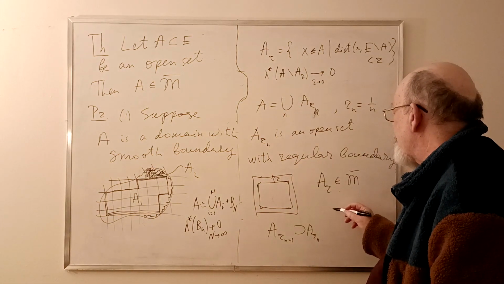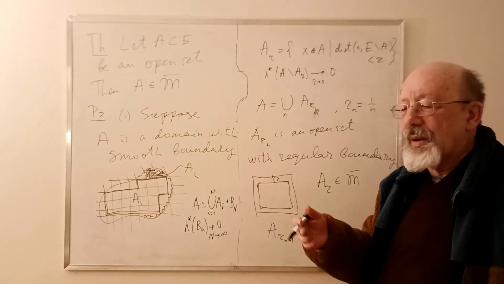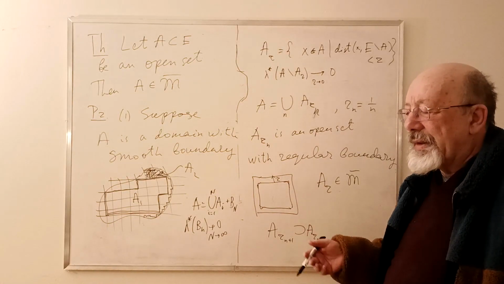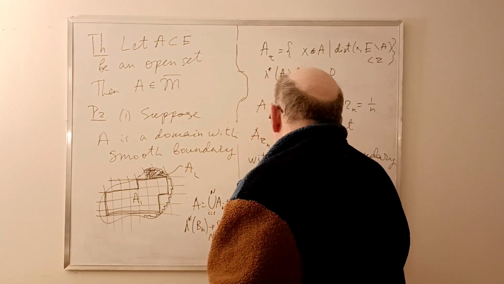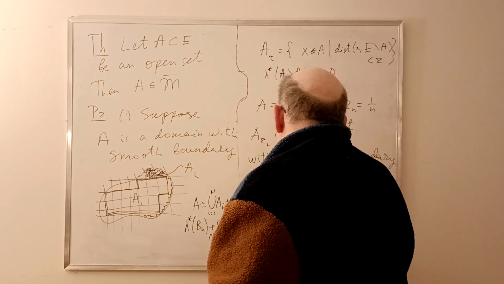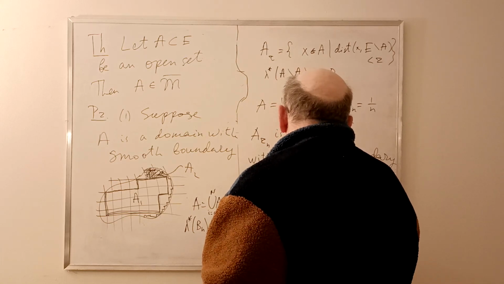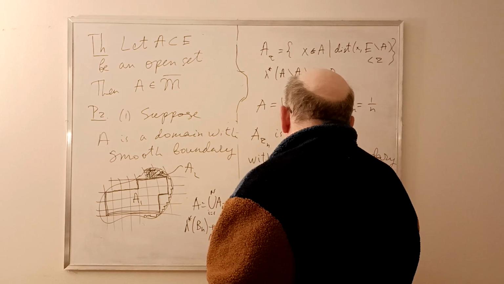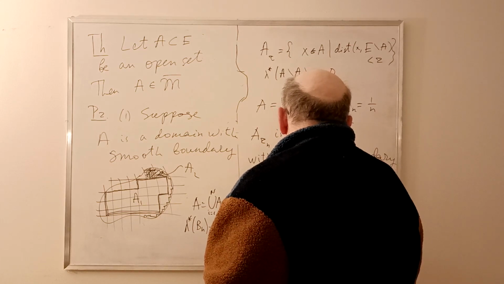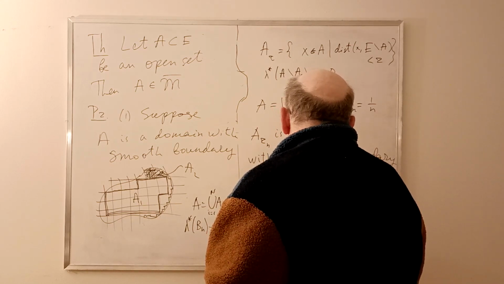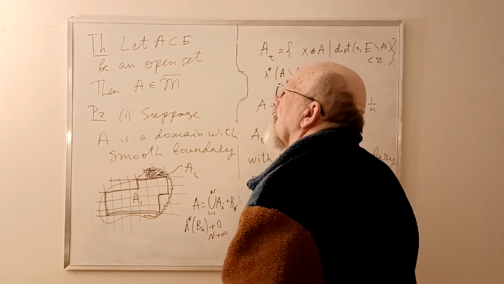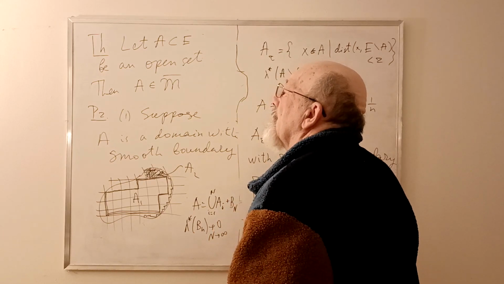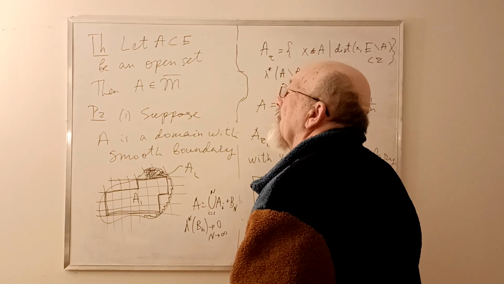Then, because of countable additivity, lambda of A_{R_n} grows and goes to lambda of A. One moment. Is it true? I hope it is true.